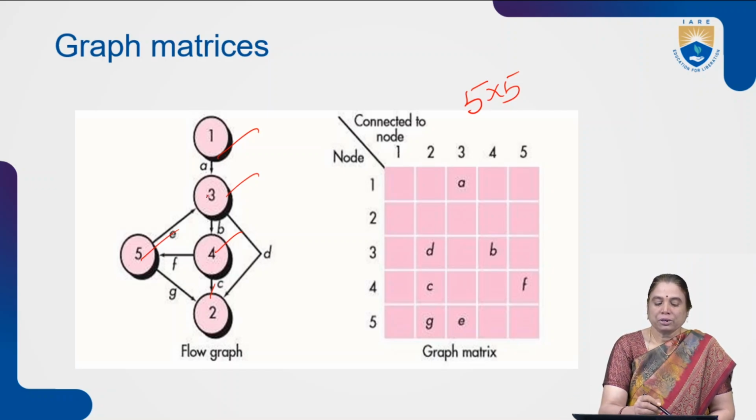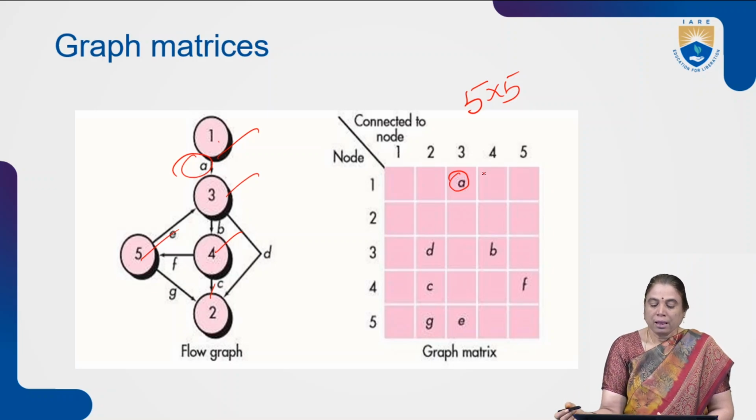If a connection exists between nodes, then it can be written as the weight. For 1 to 3, an edge is there. So the weight of the edge is written at the intersection of node 1 and node 3: first row and third column.